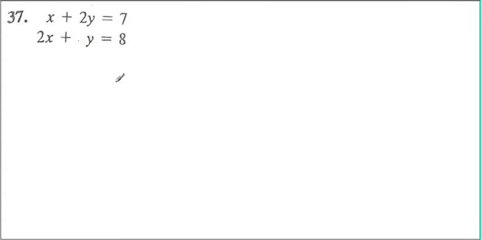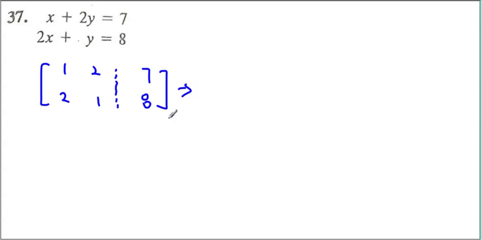Now, number 37, if you had to express this one in matrices, it will be 1, 2, 7 and 2, 1, 8. One thing we could have done is, since this one is 1 already, I can multiply the first row by negative 2 and add it onto the bottom one.